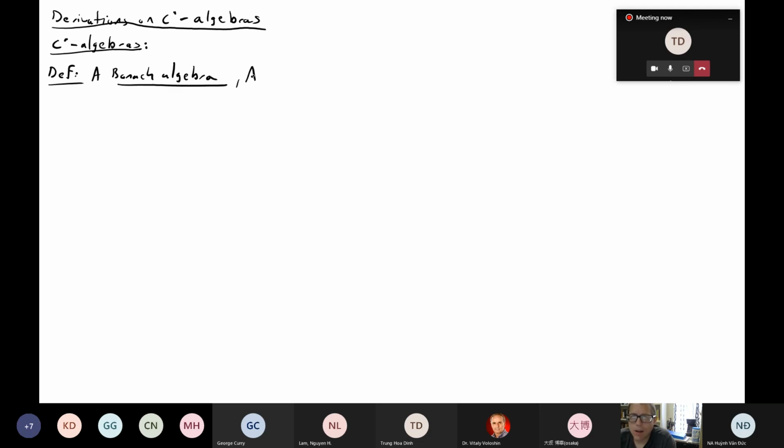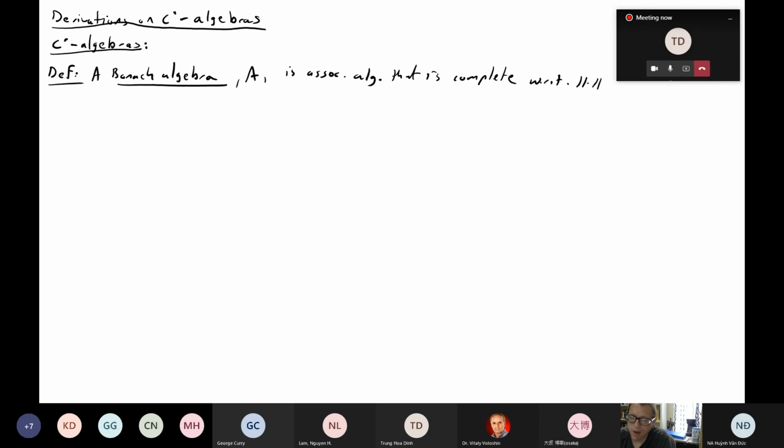A Banach algebra A is an associative algebra, and all that is, it's a ring with a vector space structure added onto it, that is associative. It is complete with respect to a norm that you equip on the vector space structure.